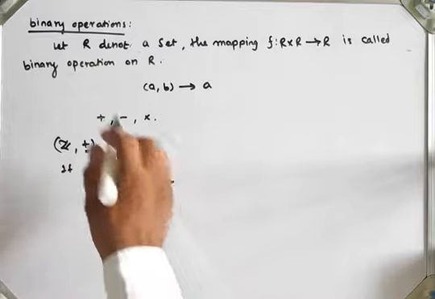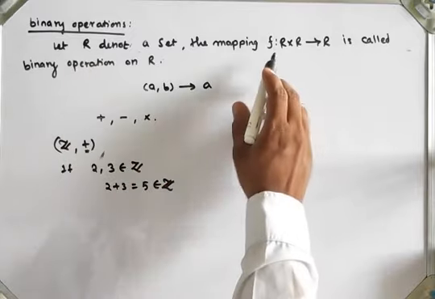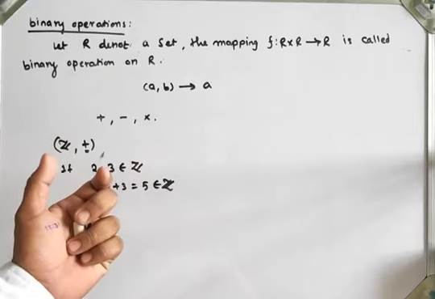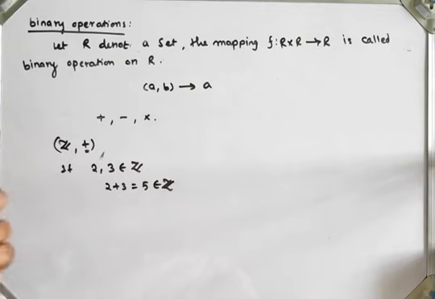Here R denotes any set, and a mapping from R cross R to R is called a binary operation on R. It means we take any 2 elements from a particular set under whatever operation you have given, and they form a new element that is again from that set. Then we say that the given operation is a binary operation.